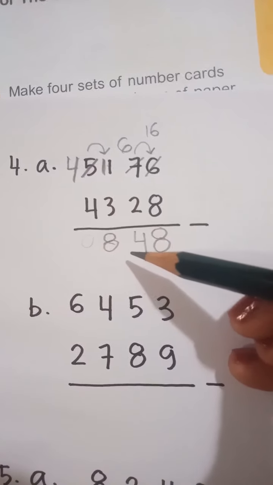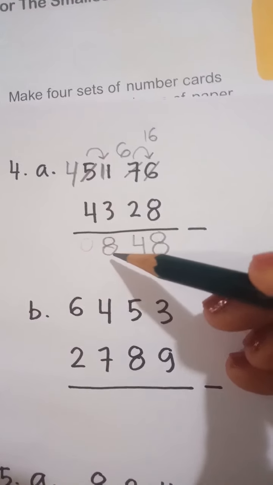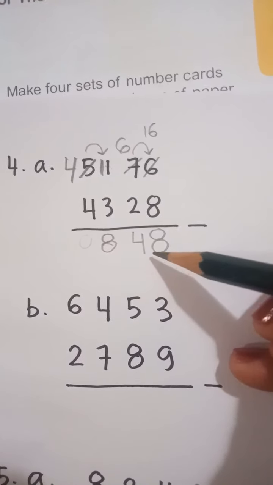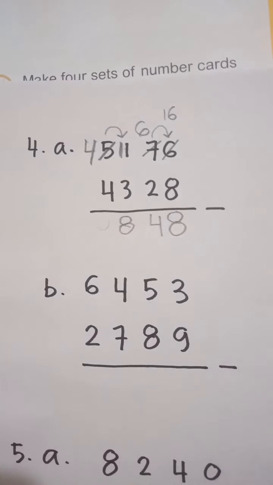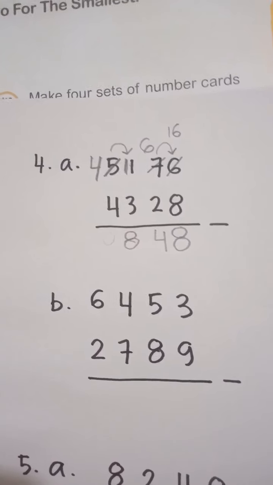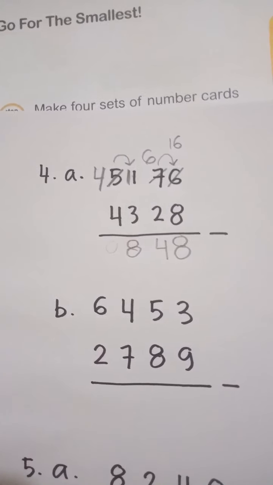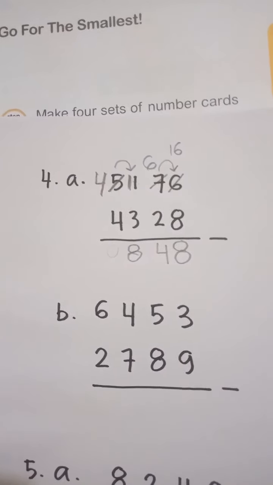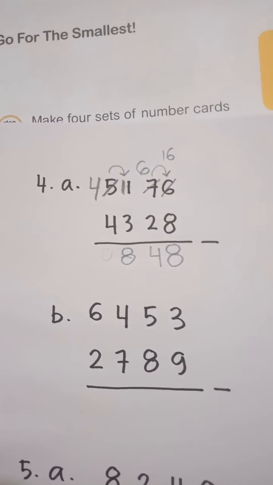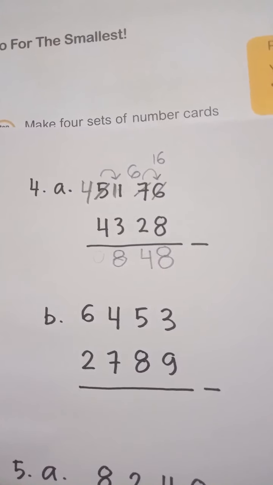So the difference is 848. Can you try another work using the regrouping way?